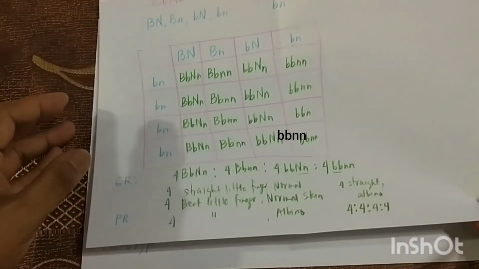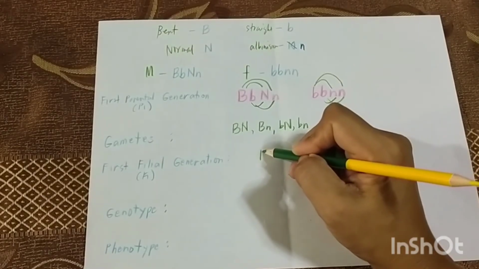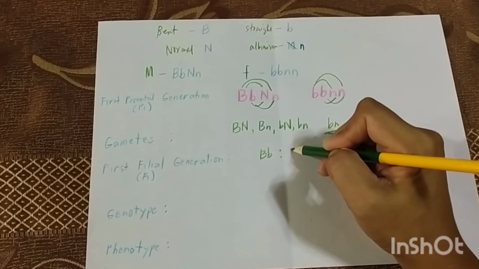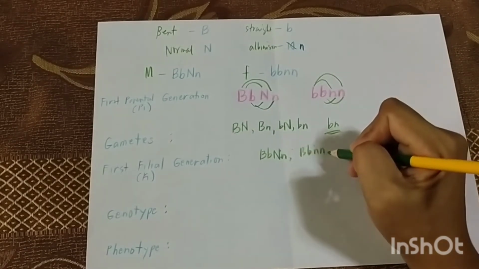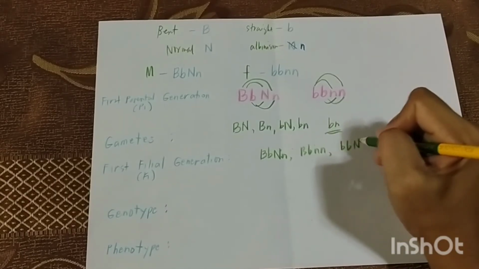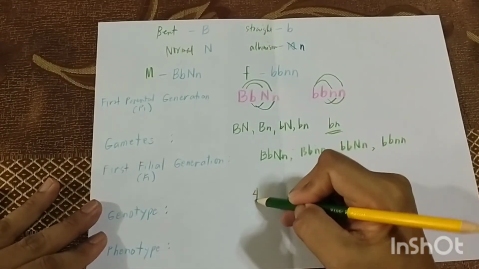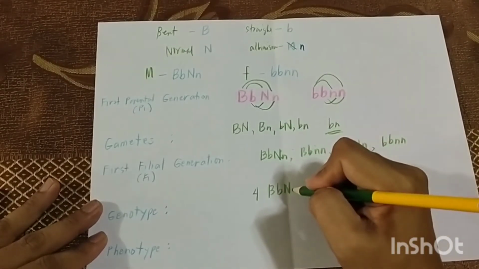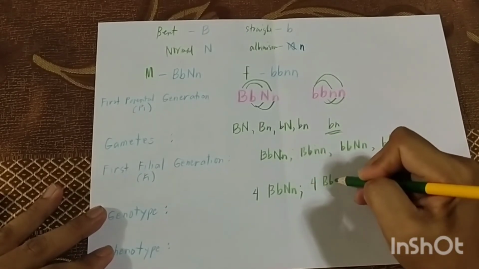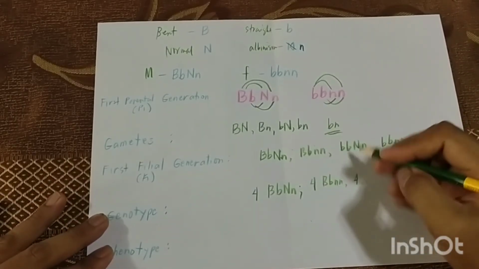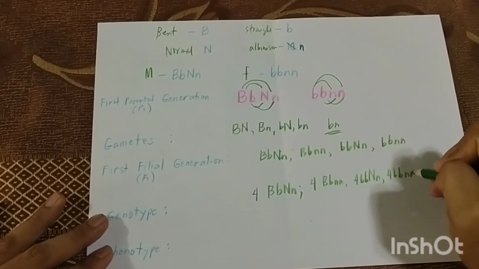So if we are going to answer for our first filial generation, our genotypes are 4 bent little finger with normal skin, 4 bent little finger with albinism, 4 straight little finger with normal skin, and 4 straight little finger with albinism.